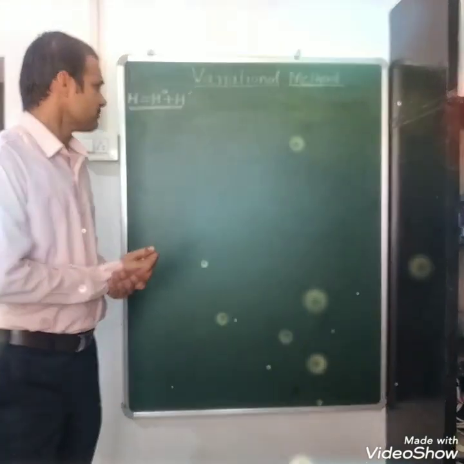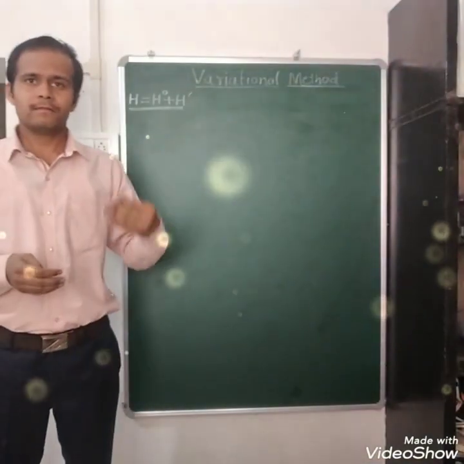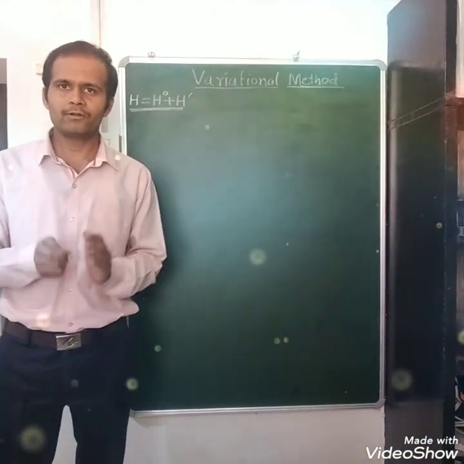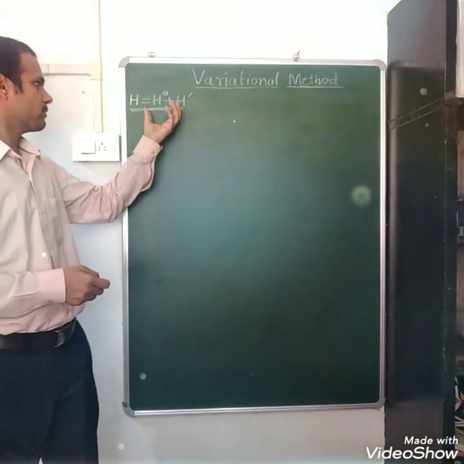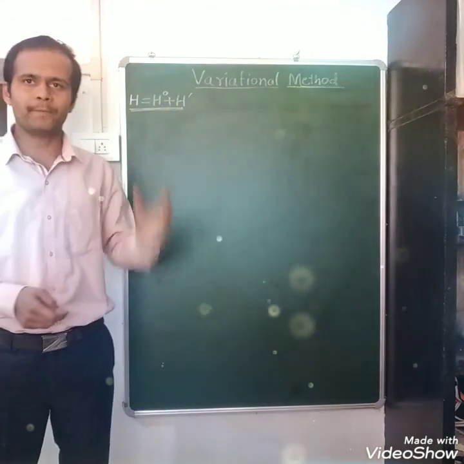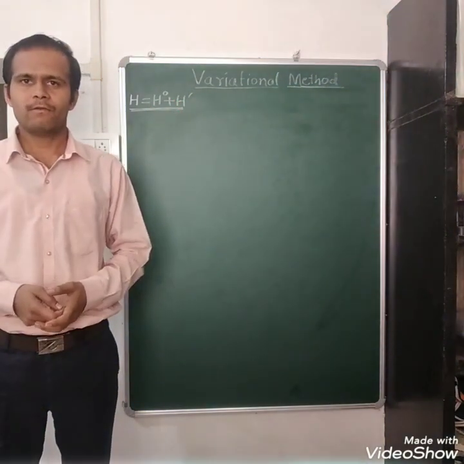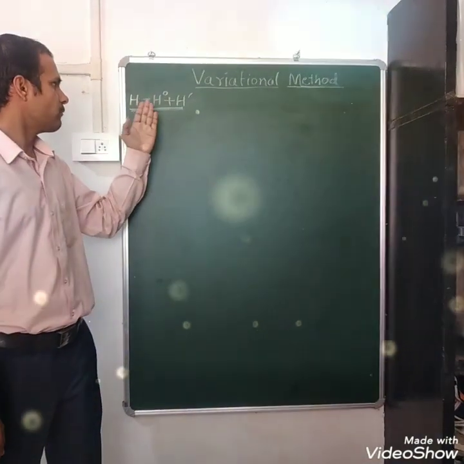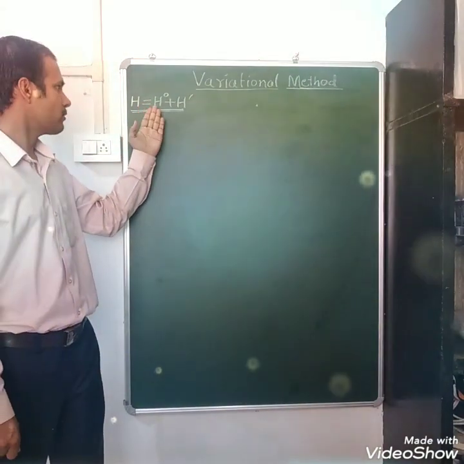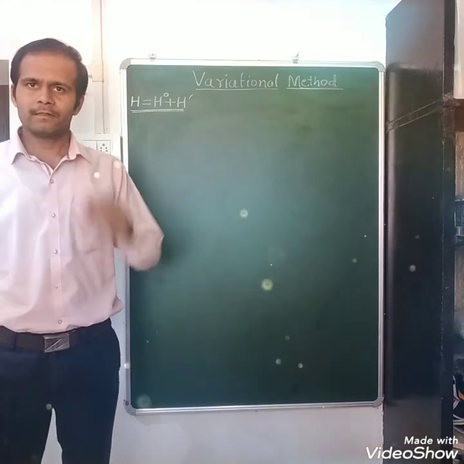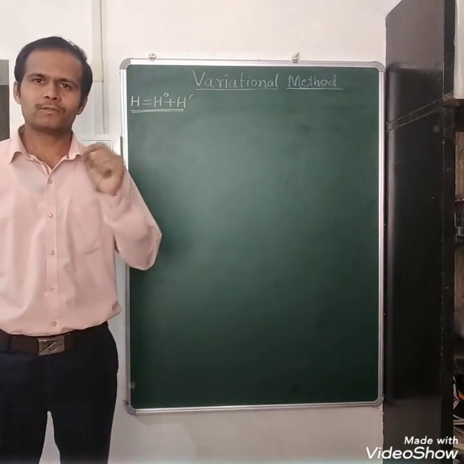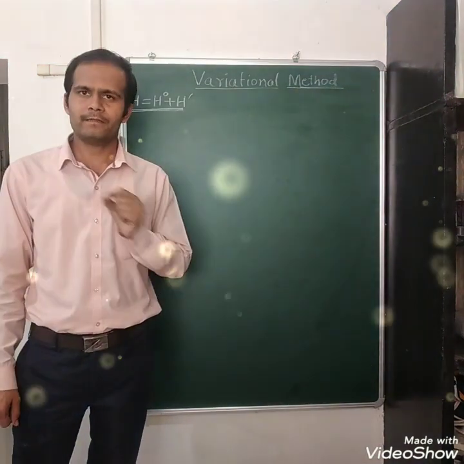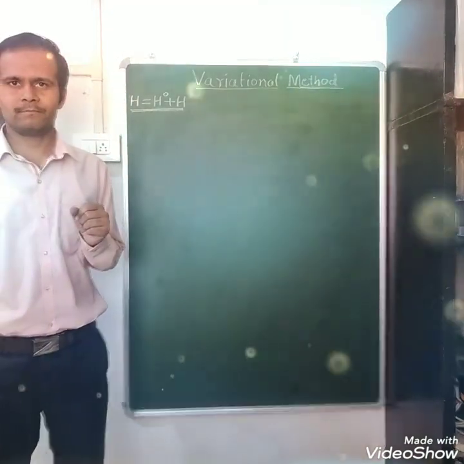But in the variational method, we need not have this splitting of the Hamiltonian. Even when we don't know the components of H in terms of H0 and H dash, we can still find the energy of the system.